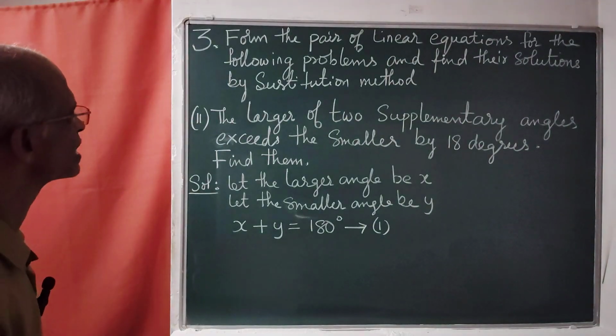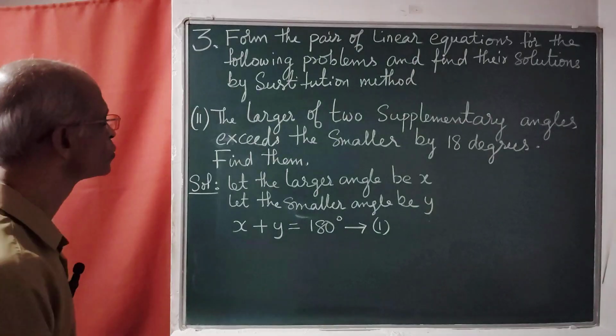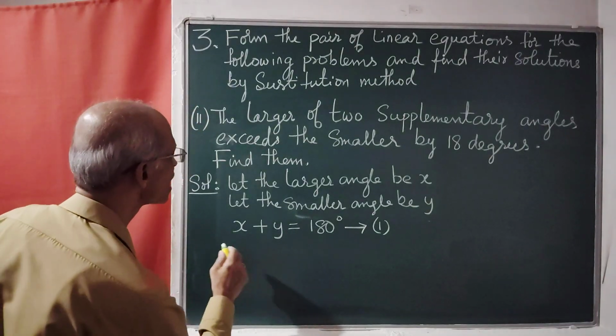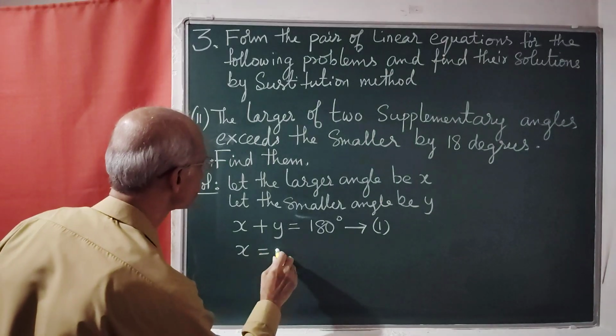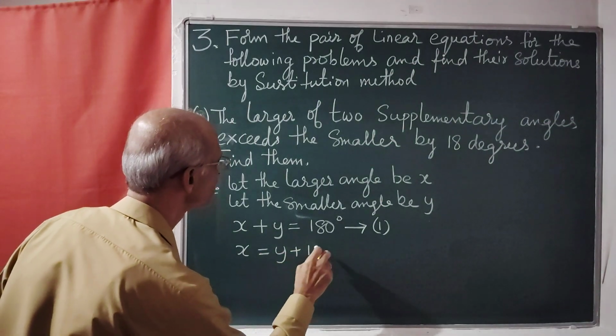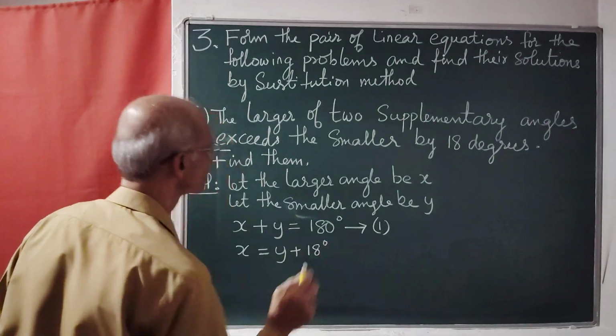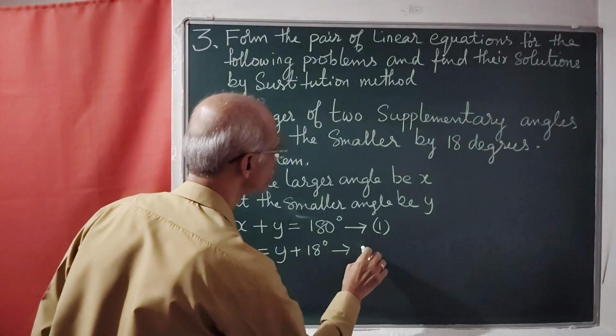Now the larger angle exceeds the smaller one by 18. So the larger angle is x, so x will be equal to y plus 18. This is the second equation.